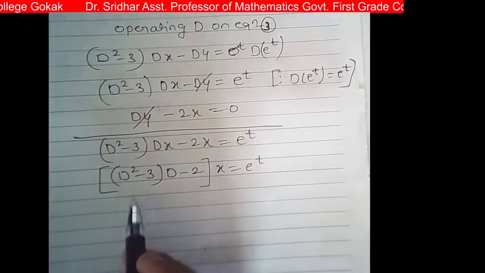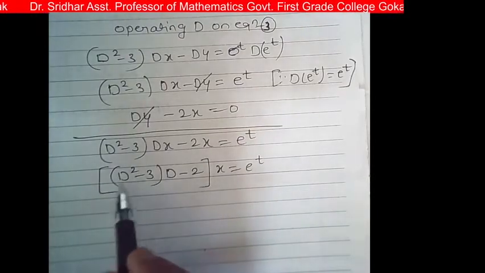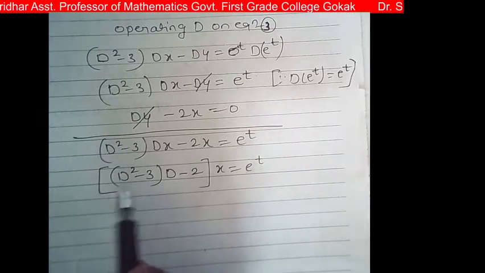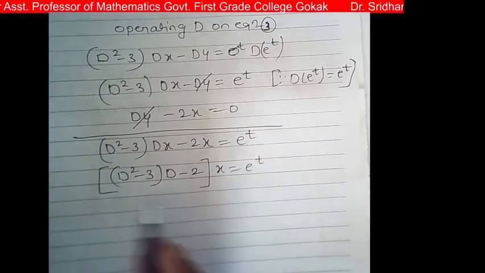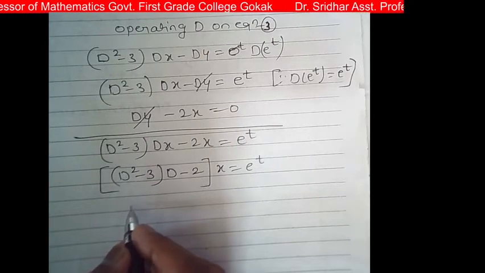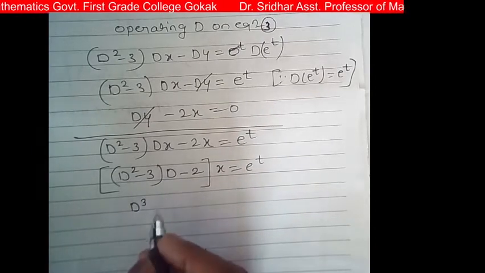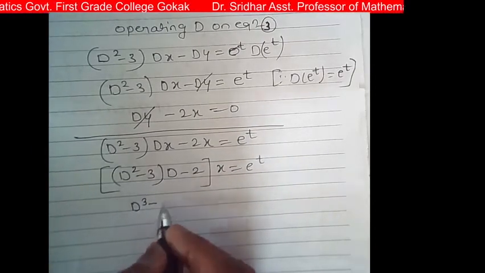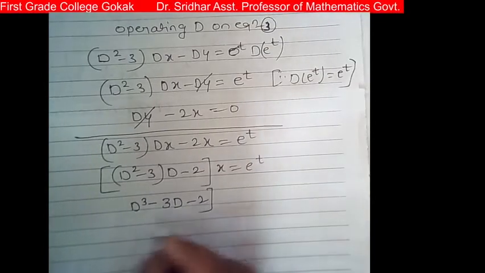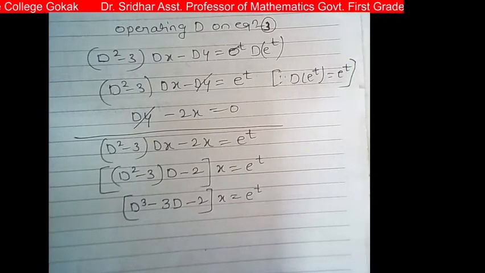Now see here, this is just an ordinary differential equation. On simplifying again, this gives D cube minus 3D minus 2 into x is equal to e raised to t.